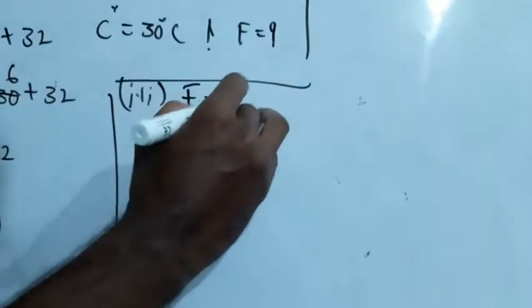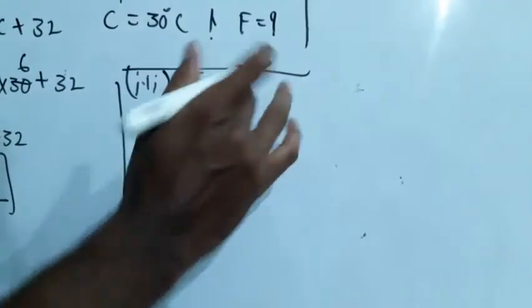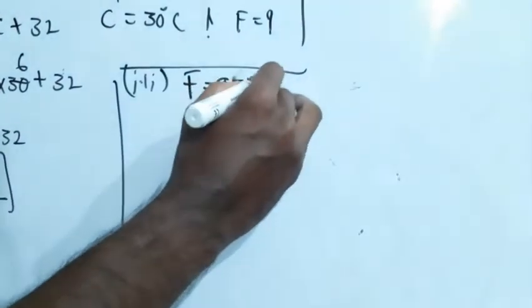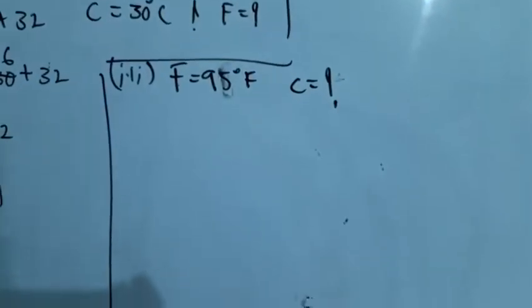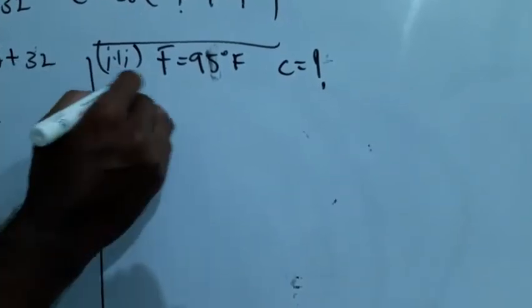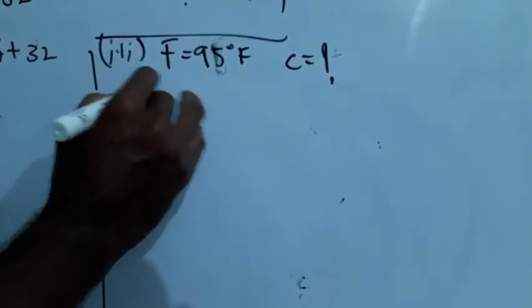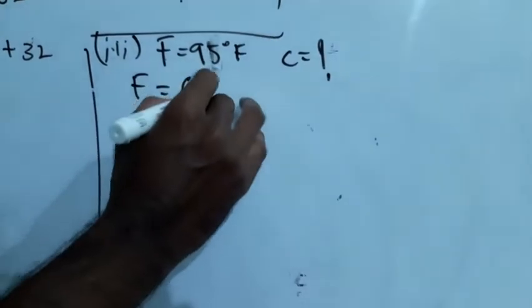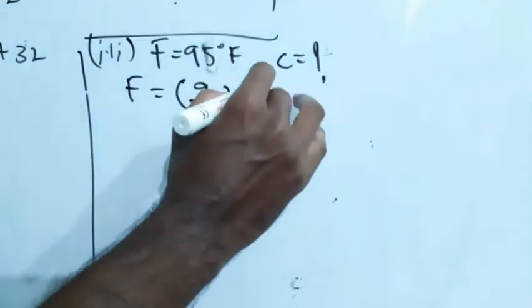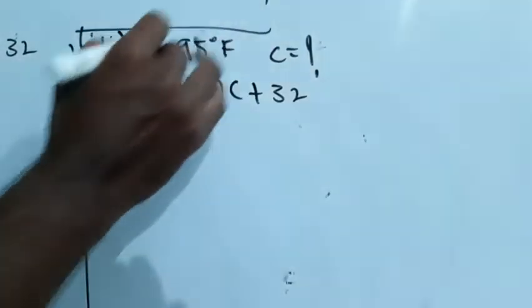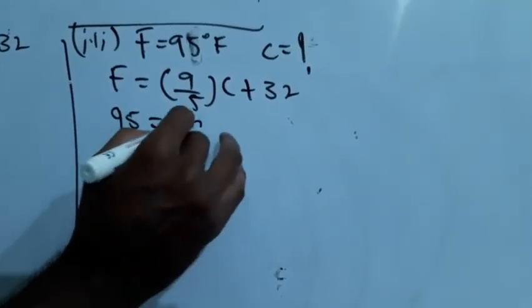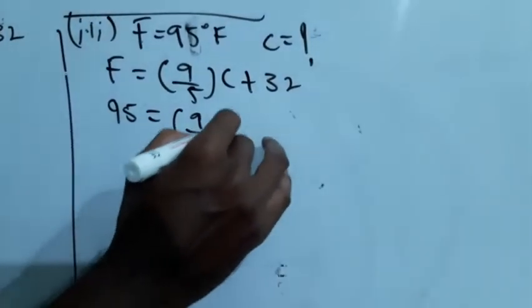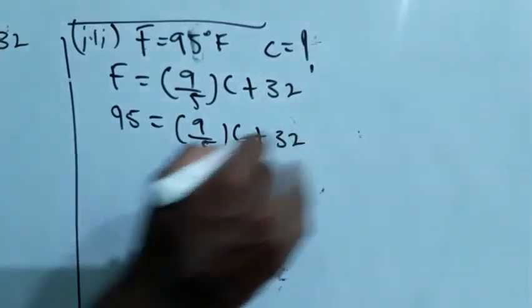See what they have given: F is equal to 95 degree Fahrenheit. What is the temperature in degree centigrade? Now F is equal to 9 by 5 into C plus 32. In place of F I am going to replace it with 95: 95 is equal to 9 by 5 into C plus 32.